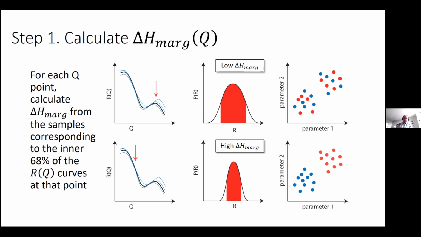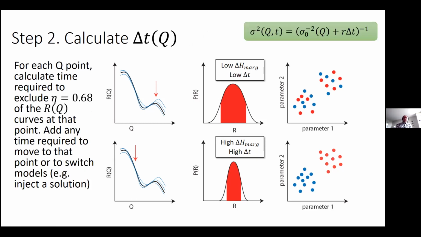Now, the other thing you have to think about when you're talking about information rate is how long it takes to actually get there. And this is something that you can know from your characterization of your instrument.